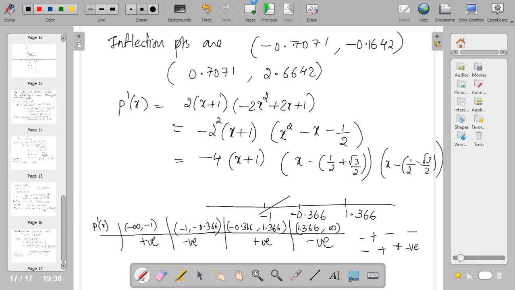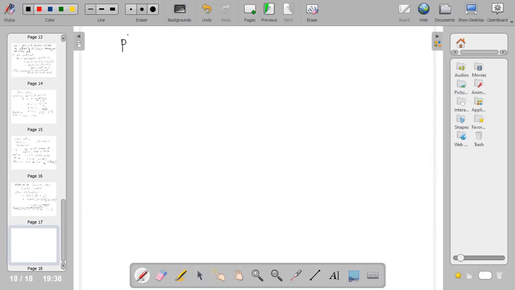For concavity you have p double dash of x. So p double dash of x is minus 12x square plus 6. When you take minus 12 outside, you will get x square minus 1 by 2.